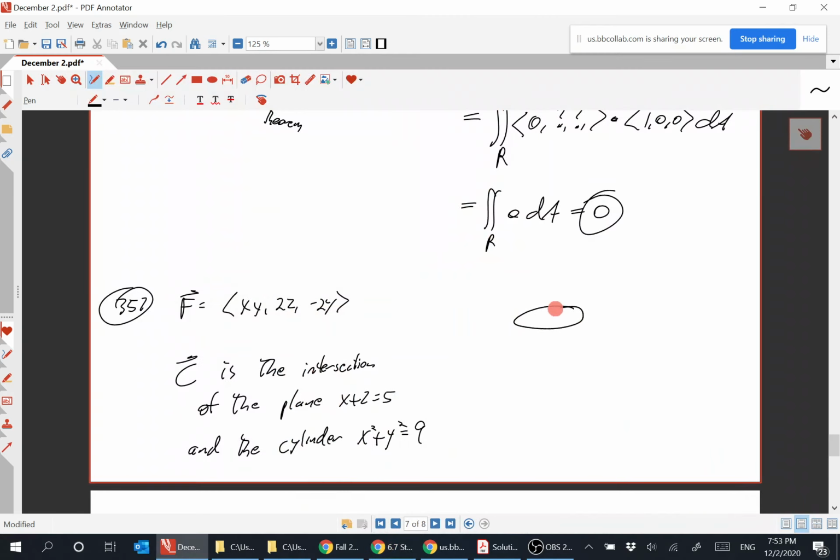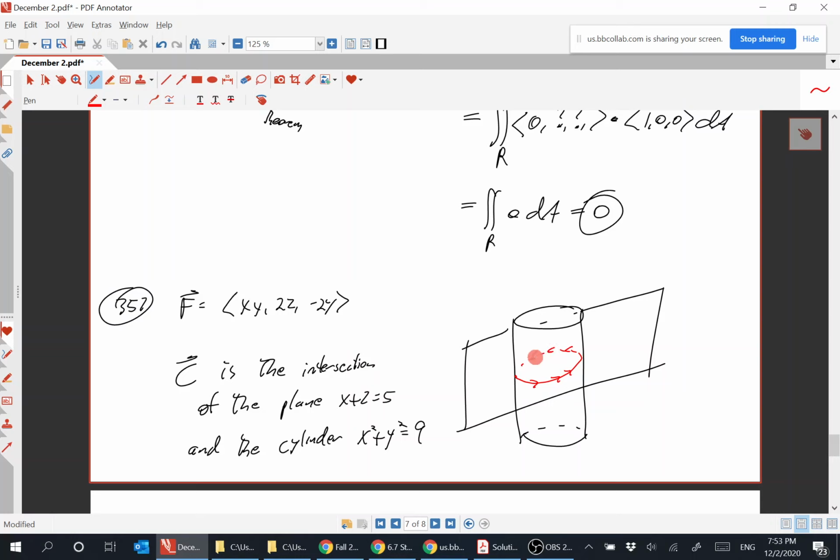So you've got this cylinder, and then you've got this plane that's passing through like that, and it's intersecting the cylinder in this oval shape. And we'll say they didn't say it in the problem, but oriented counterclockwise when viewed from above.